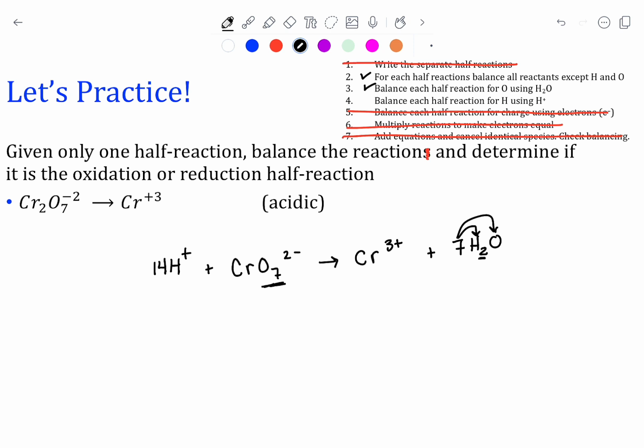Hopefully you're starting to see why we have to use these steps for these complex reactions, because it's not as simple to balance them with just the stoichiometry we learned in General Chemistry 1. There's this introduction of waters and these weird numbers of hydrogens that you would never think to add in these chemical reactions if you were just asked to balance them the regular way. So we have to go through these steps.